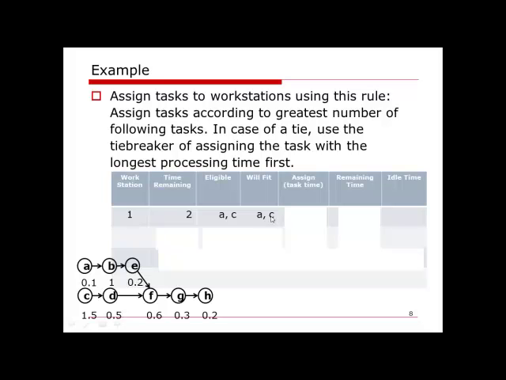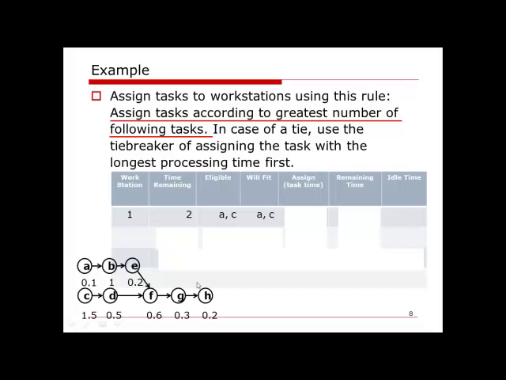Now here is the time we need to look at the rule. For us, assign tasks according to greatest number of following tasks, which means we take a look at these two tasks, A and C, and see which one has more following tasks. Then we assign this task first. Now we look at A. A has 1, 2, 3, 4, 5.